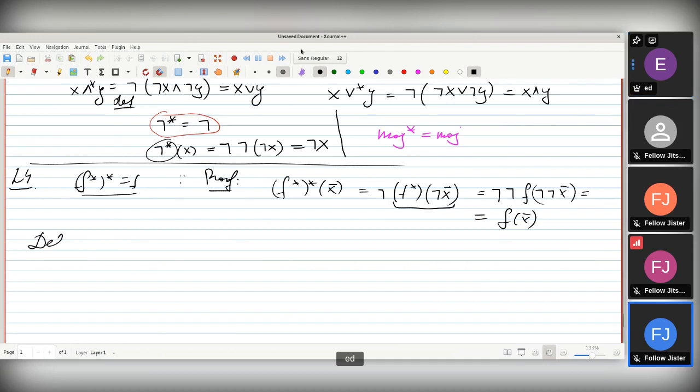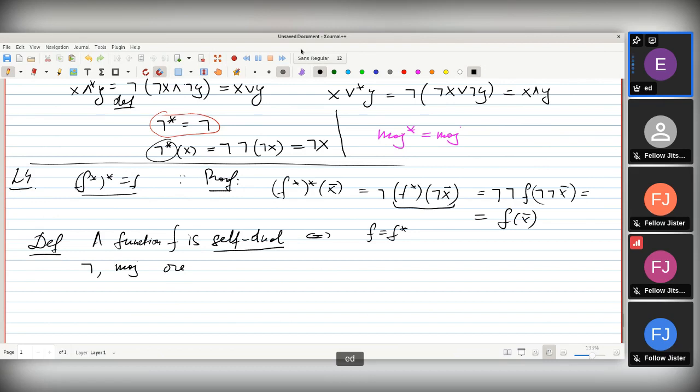Yes. We say that a function is self-dual if it equals its dual. A function is called self-dual if and only if it equals its dual. So we see that negation and majority are self-dual functions. And by definition, the set S is just the set of all self-dual Boolean functions.